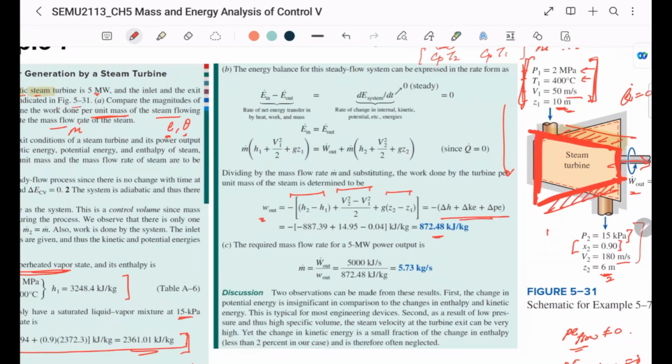Then the mass flow rate is the total amount of work transfer out over this one. This is the theta or the E, the one written earlier. Somehow this textbook mixes up the symbols, which is quite confusing, but they used E and theta earlier, so this should be E and theta.